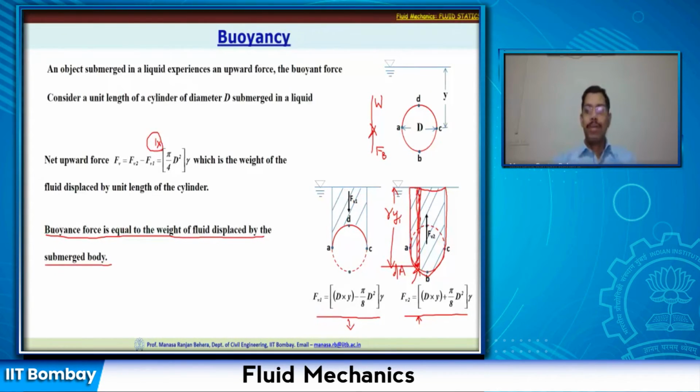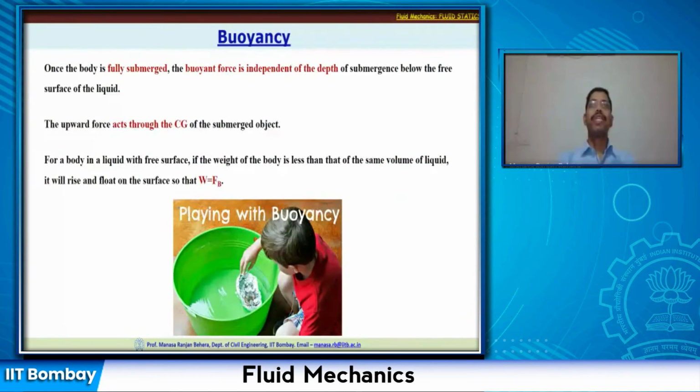So what we have understood is the fluid displaced by the submerged body. If the complete volume of the body is submerged, it is the volume that has been displaced. Doesn't matter whatever depth the body is submerged at, the volume displaced is going to be the same. So once the body is fully submerged, the buoyancy force is going to be independent of the submergence depth.